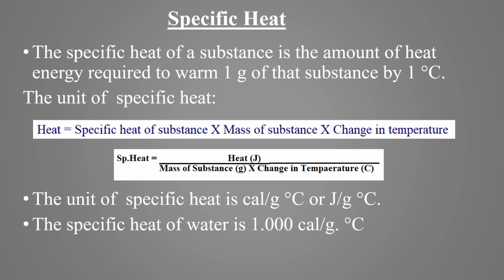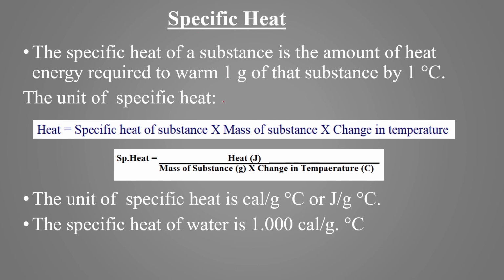The difference is that it is not restricted to water, like calorie is 1 gram of water, and also there's no restriction for the start temperature. In calorie, the temperature is from 25 to 26 degrees Celsius. But for specific heat, it can start from any temperature, and the increase by 1 degree Celsius is the amount of heat that is called specific heat.